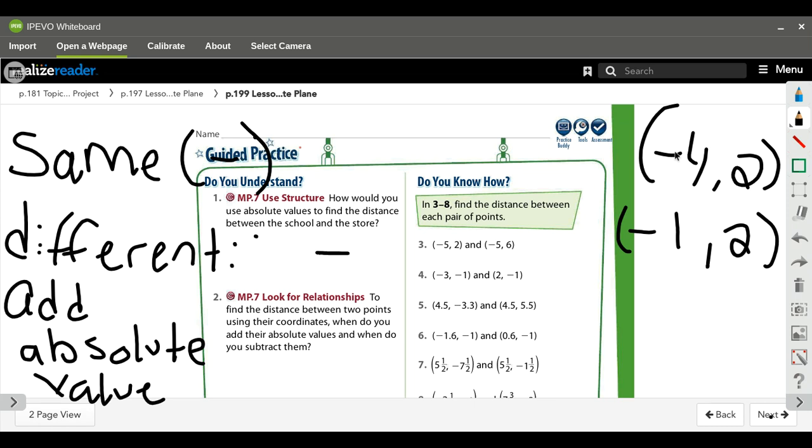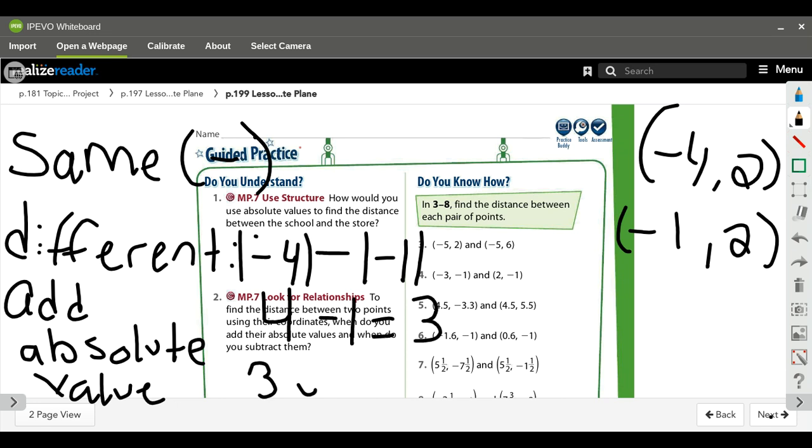My x coordinates are what's going to be different, so I'm going to subtract the absolute value of -1 from the absolute value of -4. So when I rewrite this, this becomes 4 subtract 1, which equals 3. So my answer is going to be 3 units away.